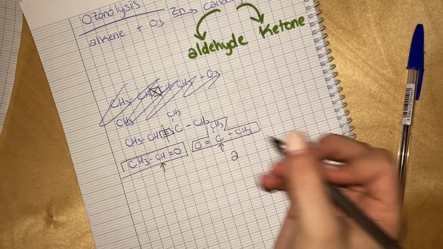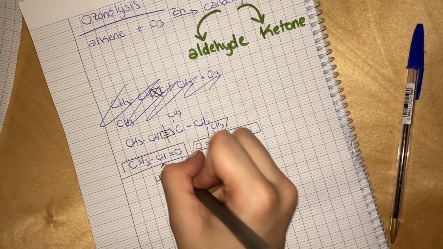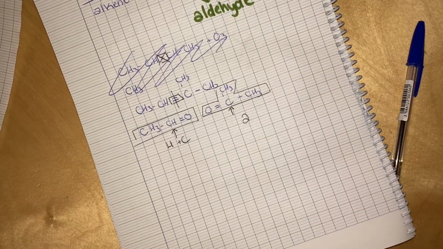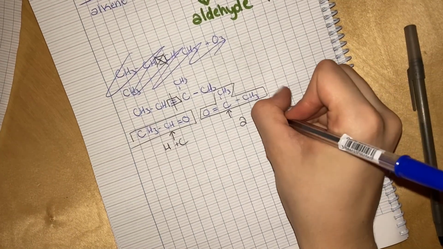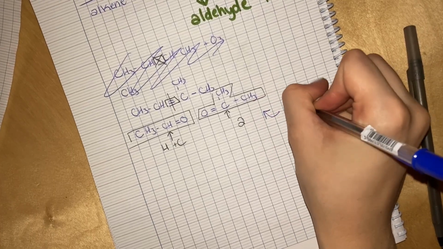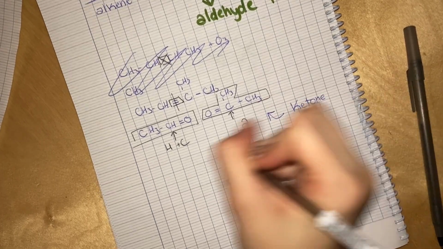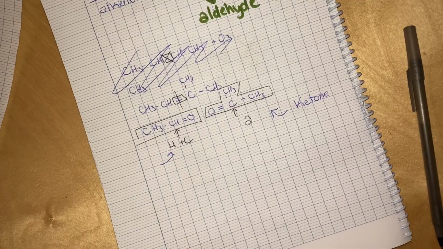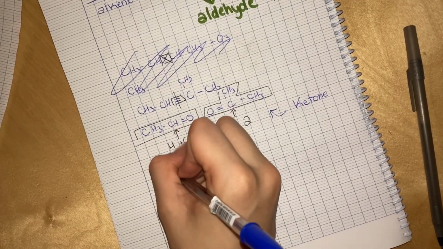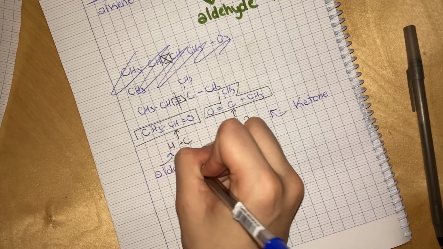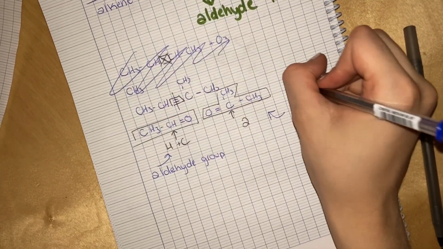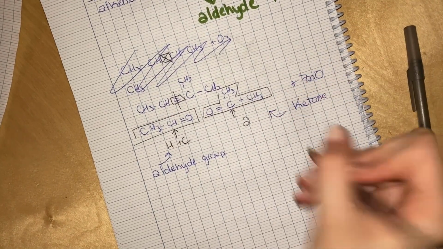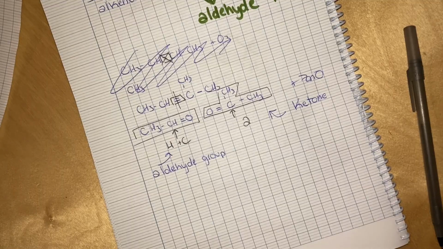This carbon right here is bonded to a hydrogen and a carbon. So this group right here is called a ketone group. This group right here is called an aldehyde group. Obviously, the last product of this reaction is going to be ZnO, but that is pretty easy to remember.